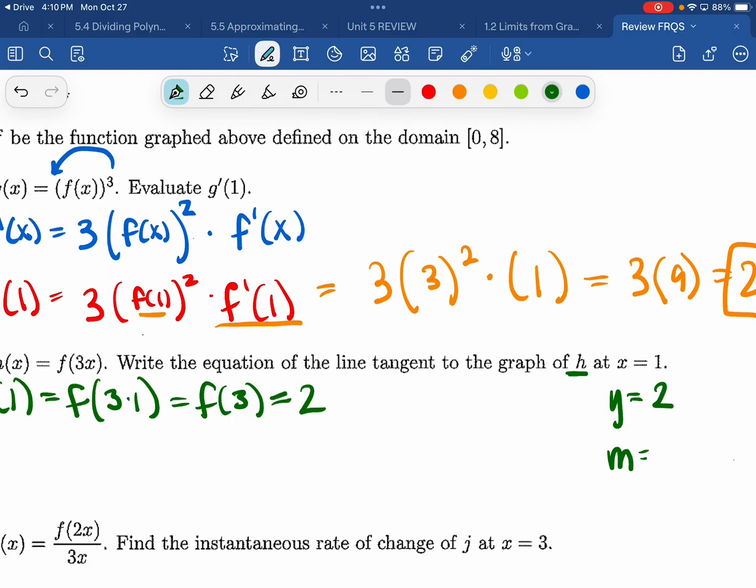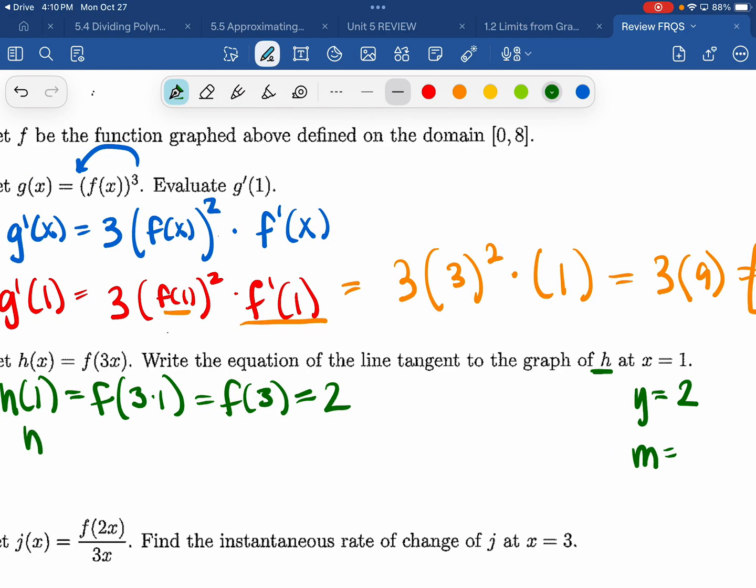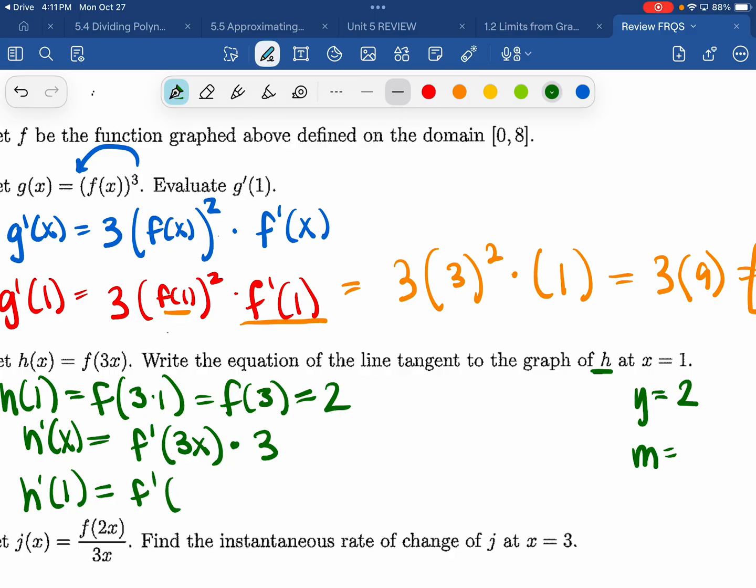And then to get m, we got to take the derivative. Once again, it is chain rule. So h prime of x is going to be f prime, the derivative of the outside. Inside stays the same, so 3x stays the same. And then times by 3. So h prime of 1 is going to be f prime of 3, and then times 3.